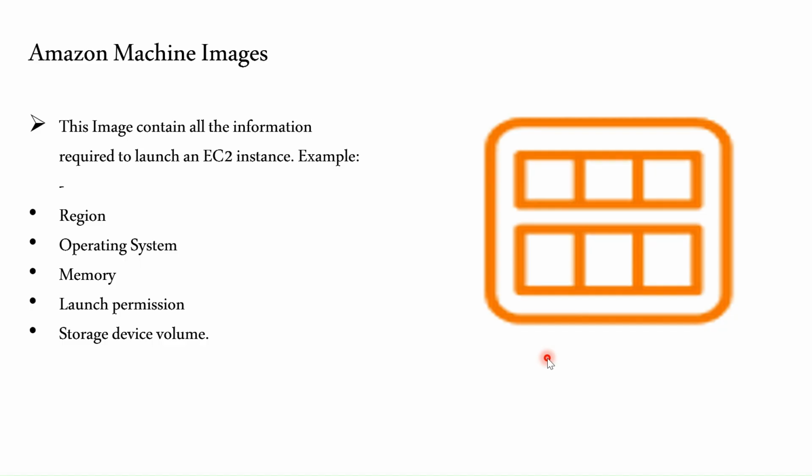That image will contain the operating system for sure and all the other customization which is required. So here is the list of what an image contains. It contains the region where you want to create the EC2, operating system, memory, launch permission if you need any, and storage device volume, that is our EBS. So everything is contained in the image.